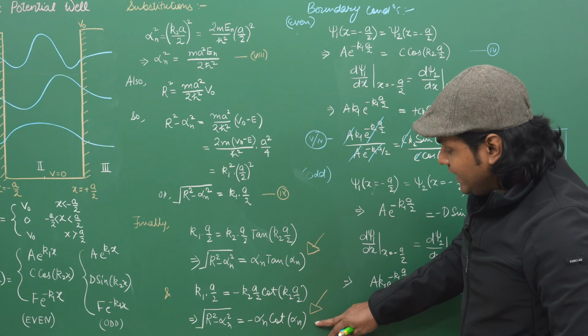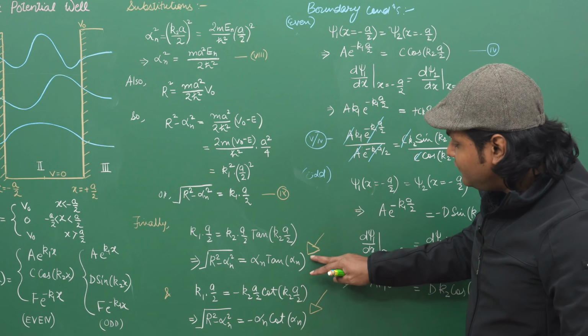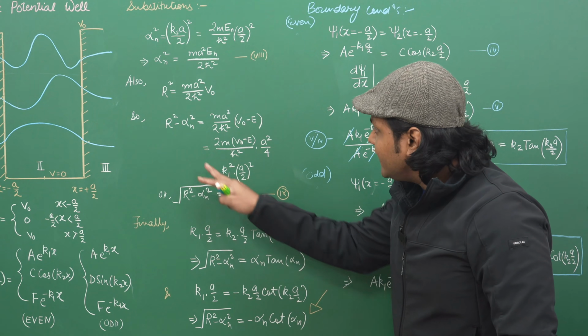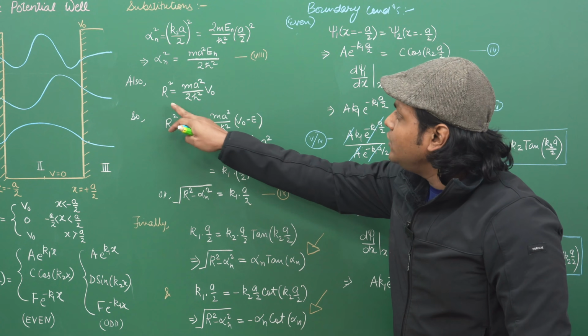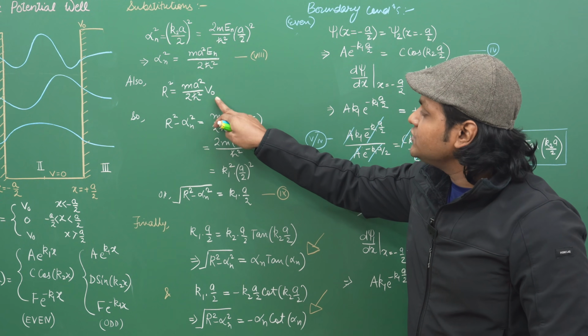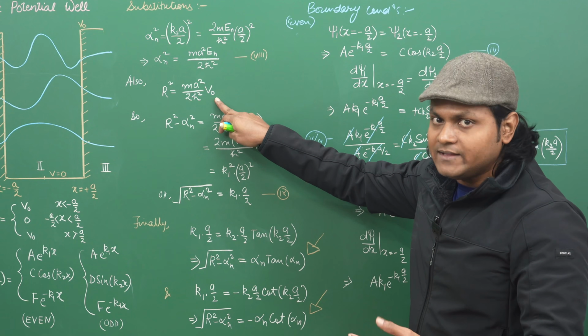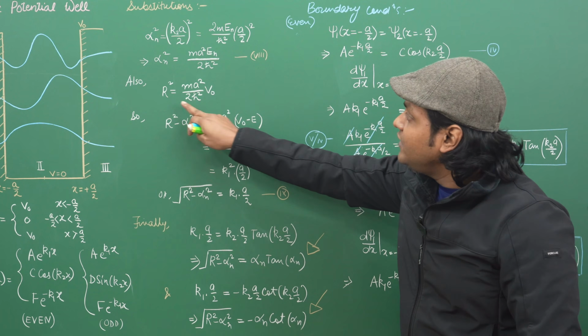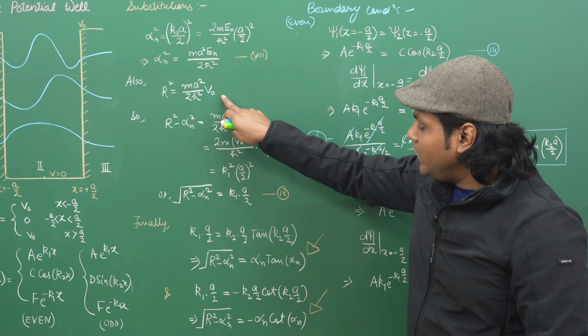Now, in the right hand side, for both even and odd functions, we have trigonometric functions, and in the left hand side, I have this particular constant r square, which, by the way, depends upon V naught. So if V naught is very high, that means the potential is very deep, then r would be greater. So r depends directly on V naught and also A.